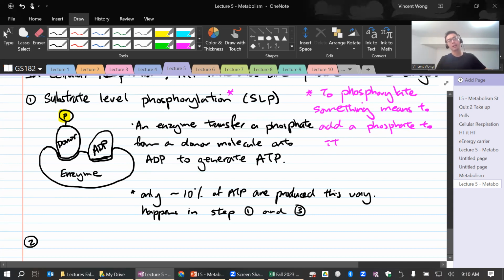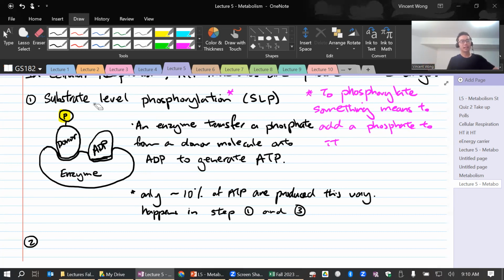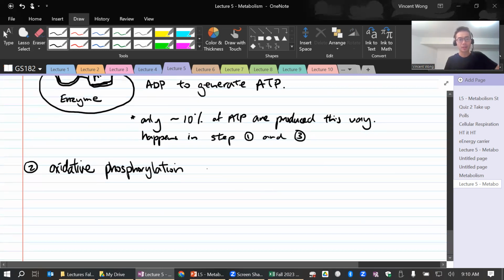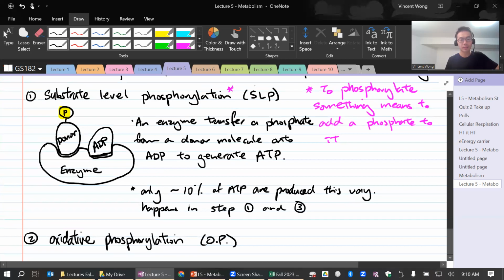The other method is called oxidative phosphorylation. See, aren't you glad you're not in person for the test? At least you don't have to spell that name. So this is substrate level phosphorylation.